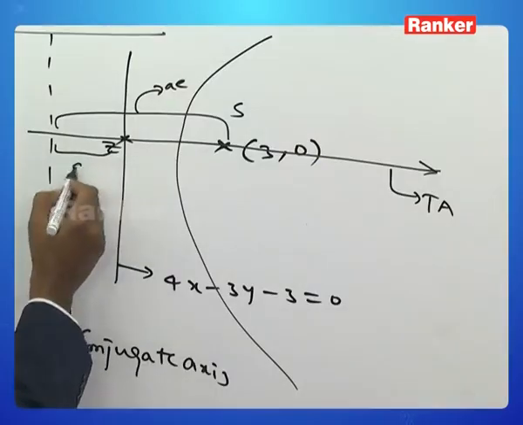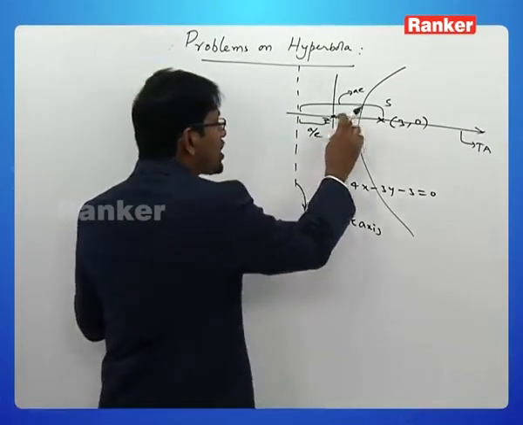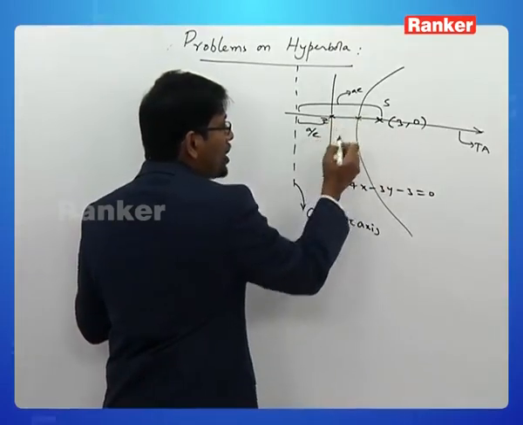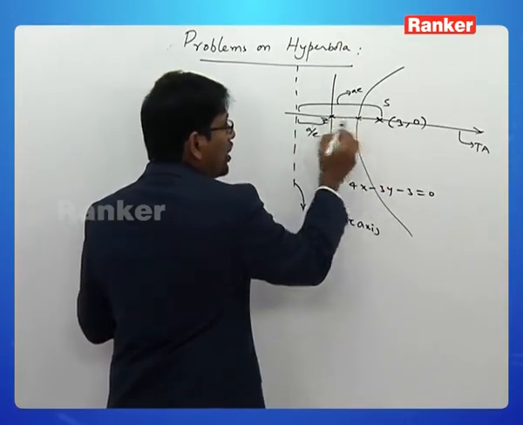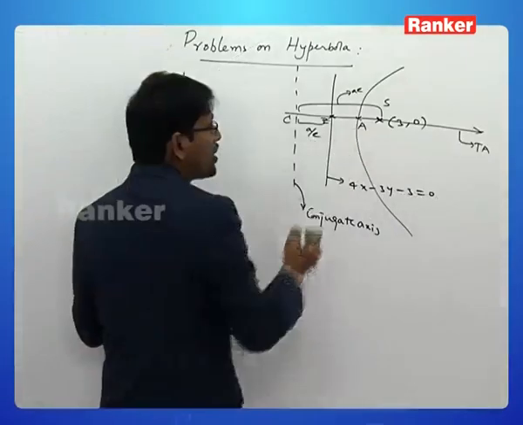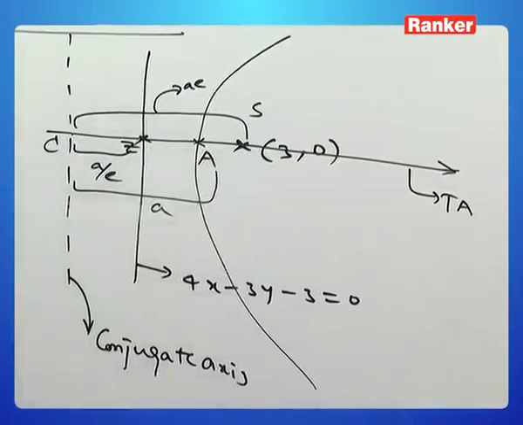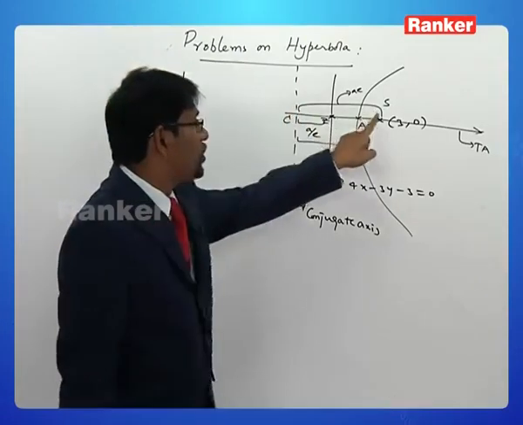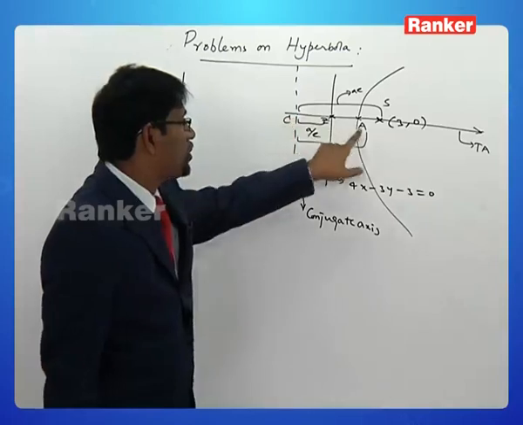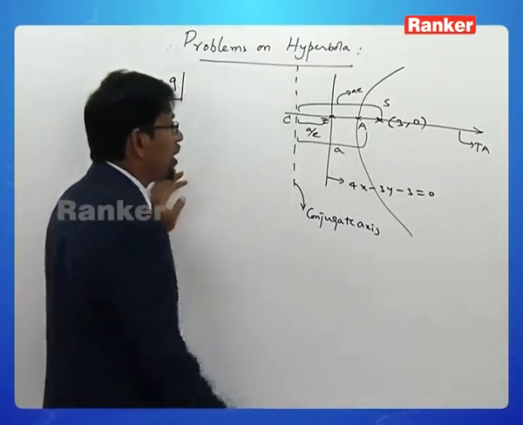This length is A by E. So now the distance from 3, 0 to this, and we know that this distance from the center to the vertex A is A units. We know that the distance from center to the focus is AE, and the distance from center to the vertex A is A units.